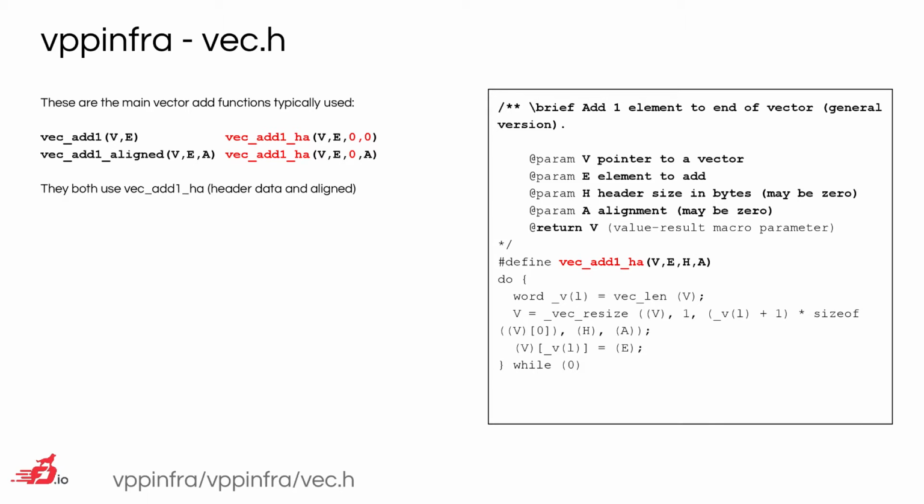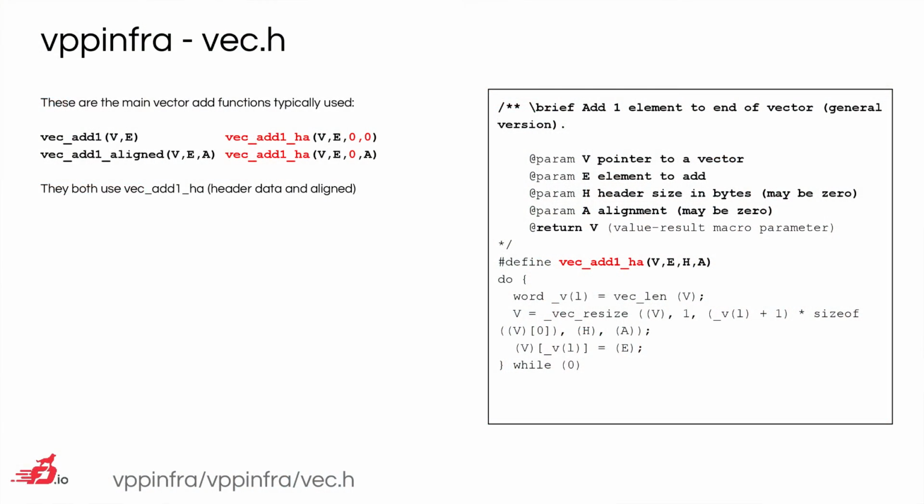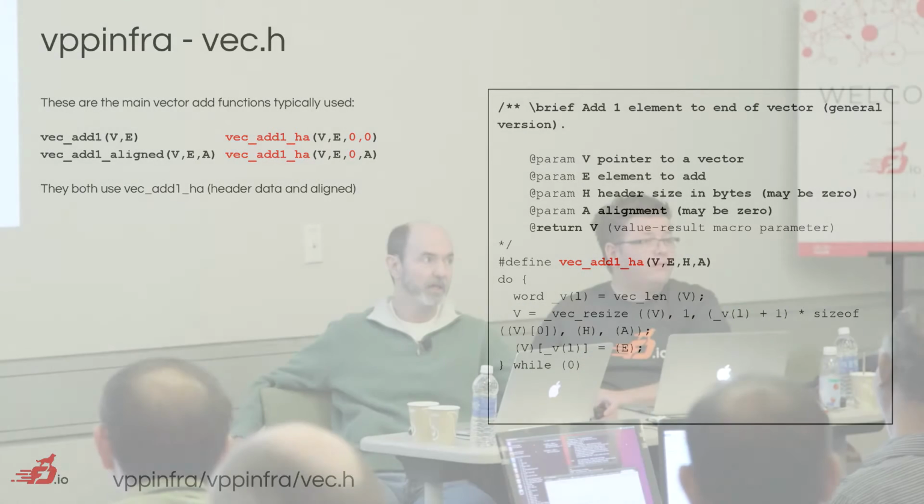I have a basic question about the elements in the vector. What can the elements be? Is that a packet or another vector? It's an easy one. Literally, any struct type can be done as a vector.